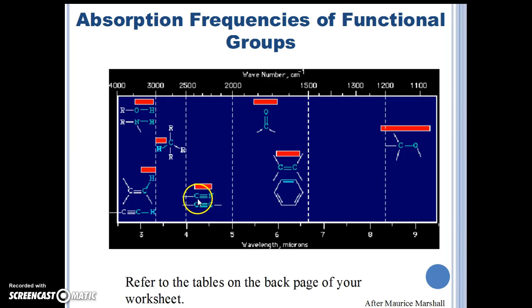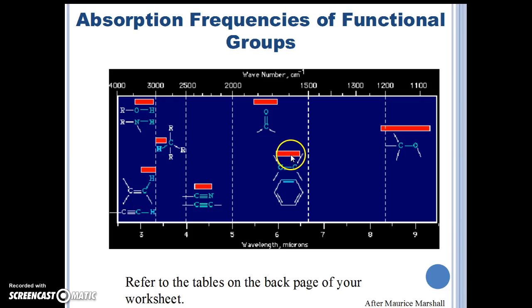The triple bonded carbon to nitrogen and carbon to carbon absorbs here in roughly the 2300 wave number. Here's our carbonyl carbon, down a little lower wave number in the vicinity of 1700, and here's a carbon-to-carbon double bond that we see in things like benzene.